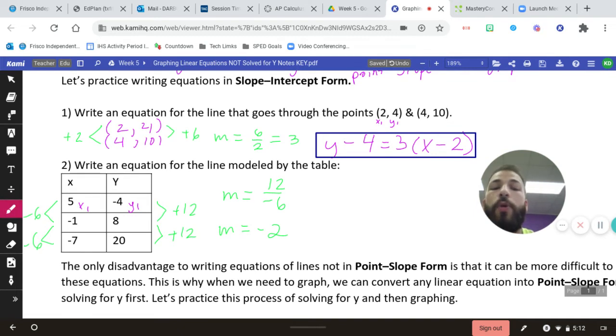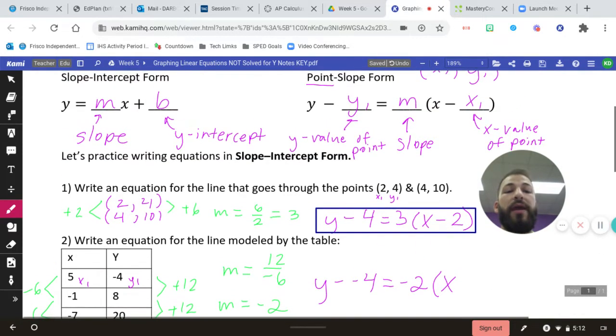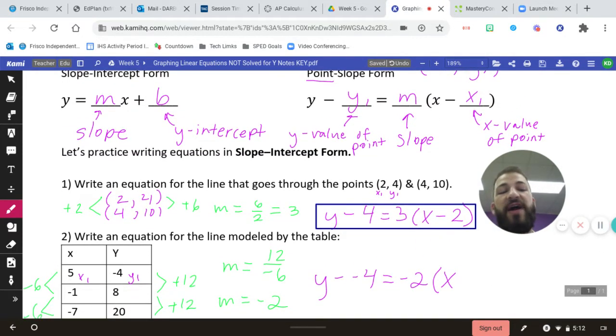Plugging into my equation, y minus y1, so y minus negative 4, equals slope of negative 2, so negative 2, parentheses, x minus x1, so x1 is 5, so x minus 5.